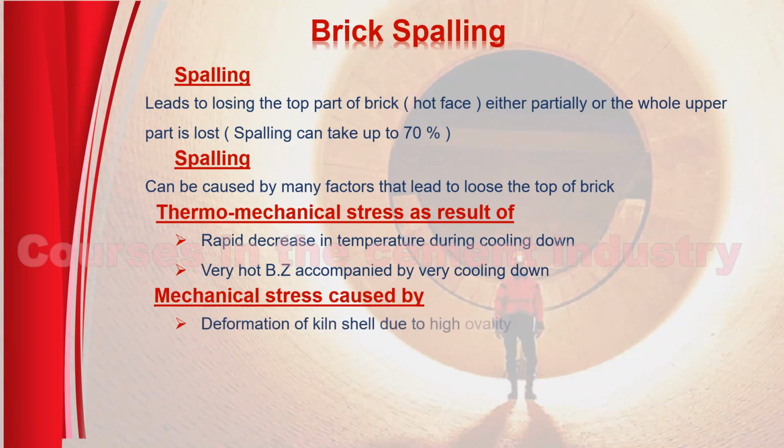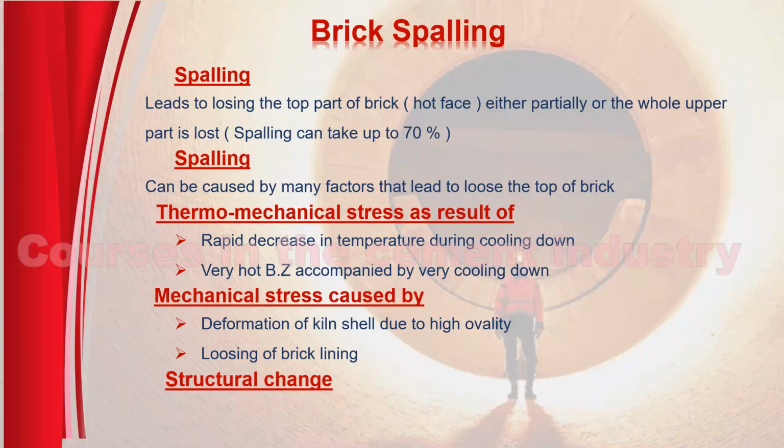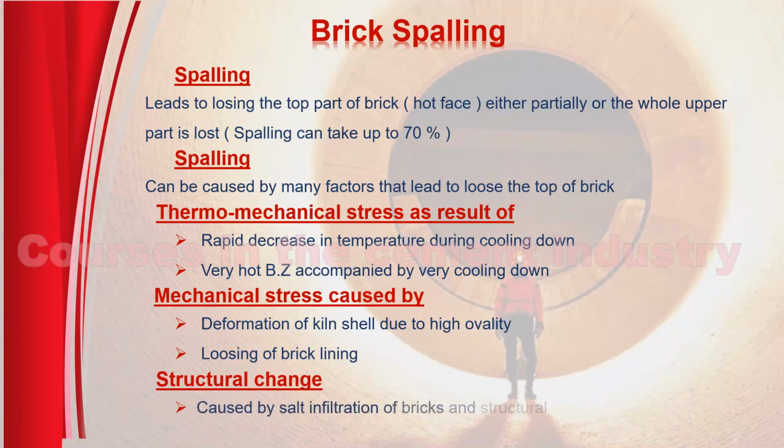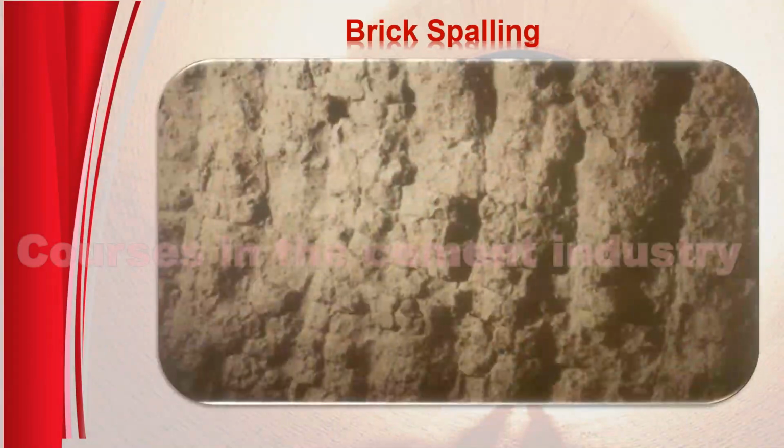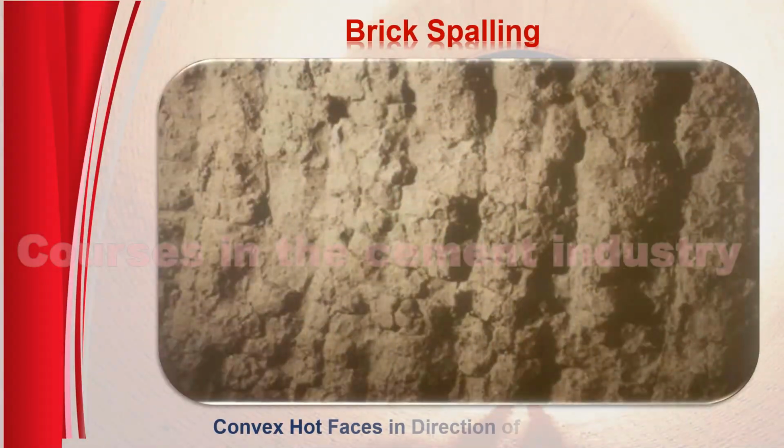Deformation of the kiln shell due to high ovality. 2. Loosening of the brick lining. C. Structural change caused by salt infiltration of bricks. Brick spalling: we can see in this picture convex hot faces in the direction of the kiln center line.